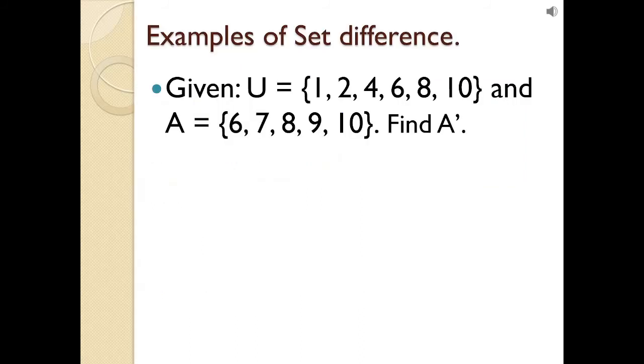Let's have an example. The universal set is 1, 2, 4, 6, 8, and 10. And set A has 6, 7, 8, 9, and 10. What is A complement? By the way, there are extra elements here. 7 and 9 are not in U. So we remove 6, 7, 8, 9, 10. What is left in U? 1, 2, 4.